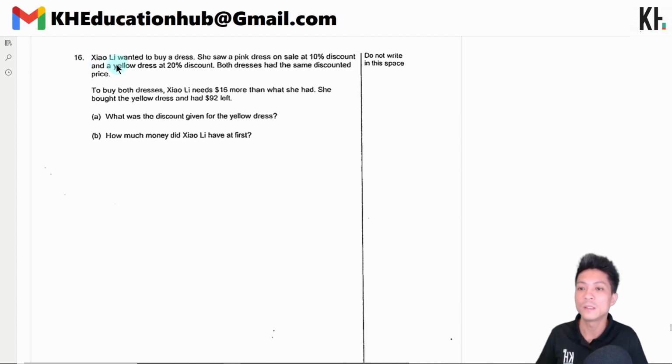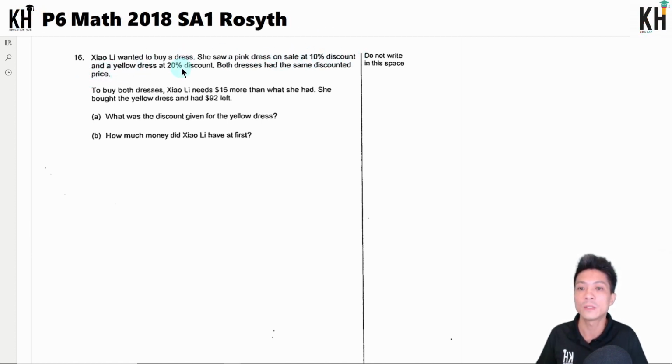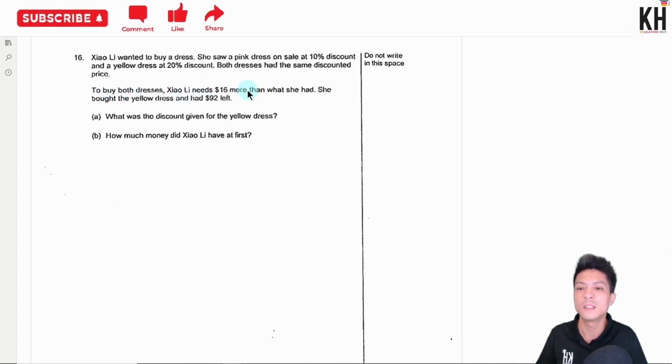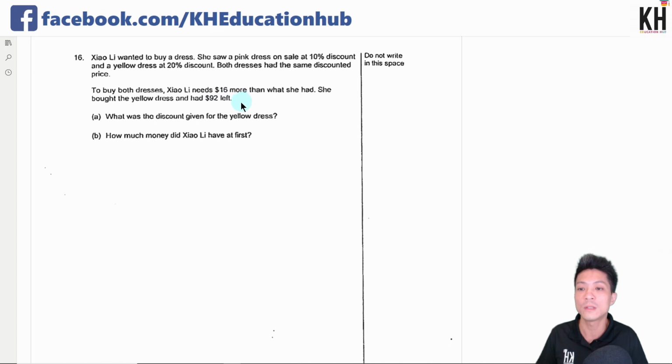Question 16. Xiao Li wanted to buy a dress. She saw a pink dress on sale at 10% discount and the yellow dress at 20% discount. Both dresses had the same discounted price. Okay, to buy both dresses, Xiao Li needs $16 more than what she had. Okay, she bought the yellow dress and had $92 left.